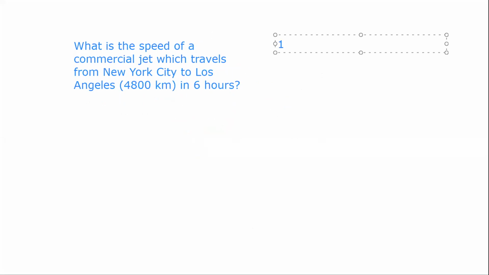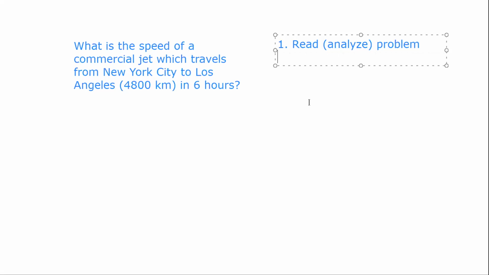So the first thing you've got to do in any problem is read the problem. I'm going to put in "analyze" here because that's actually what reading the problem does, it lets you do some analysis of what you're being told and all that good stuff. So we're going to read the problem. Now the next step, after you've read the problem, is it's your job to figure out what you've got to do, right?